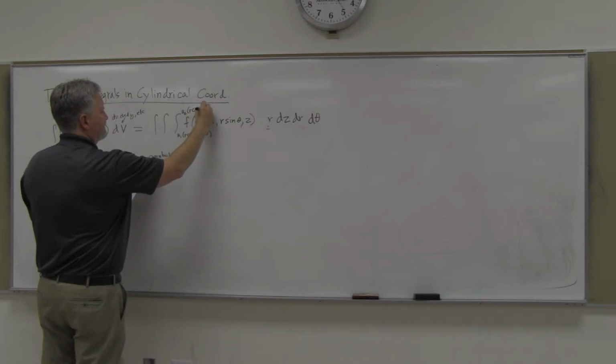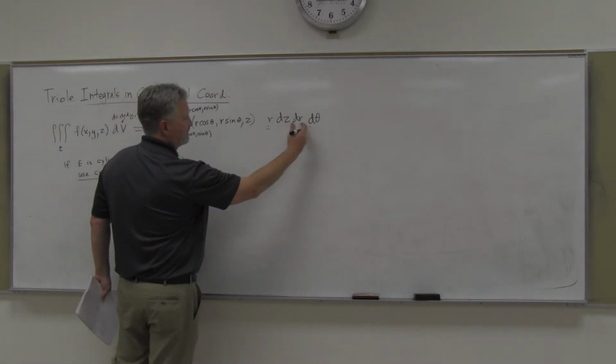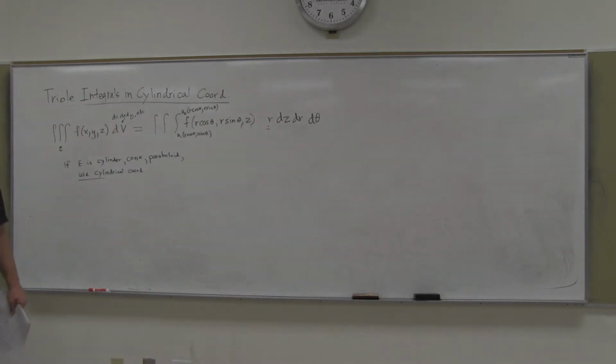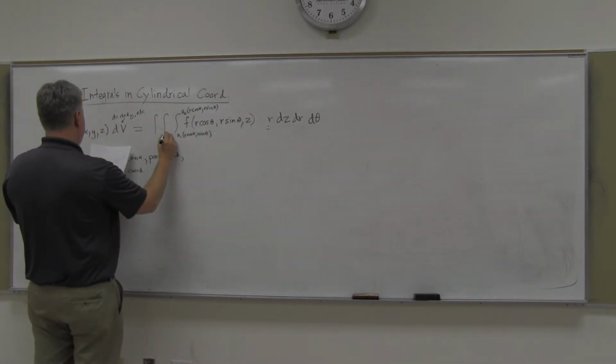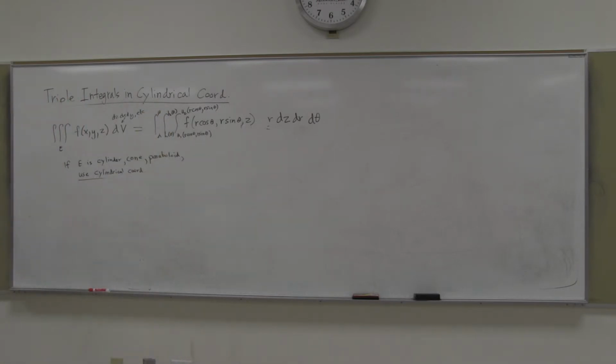So you just have to write your z's in terms of r cosine theta and r sine theta. Then r, since we're doing it second, may be a function of theta. So they call that h1(theta), h2(theta), and then finally your thetas, which typically range from alpha to beta. Anyway.